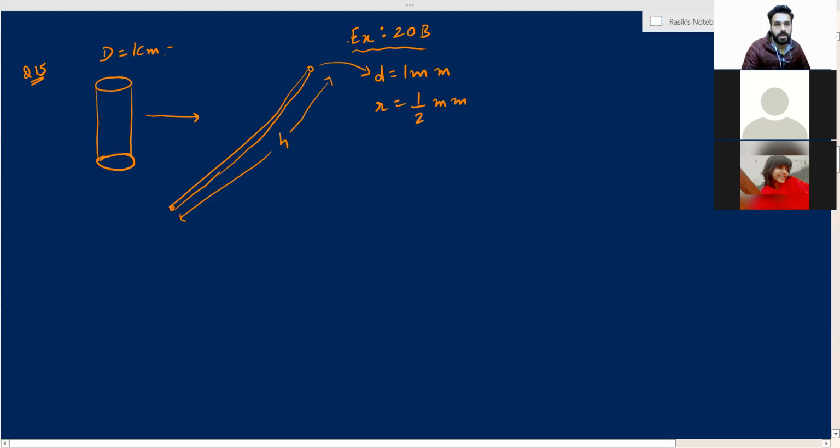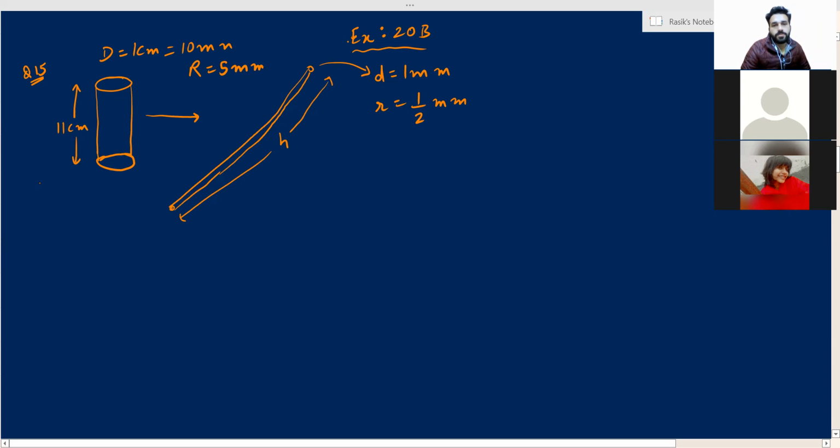Okay, 1 centimeter is equal to 10 millimeters. So that means the radius will be 5 millimeters. And the height of the original cylindrical piece of metal is given 11 centimeters, right? Yes, sir.